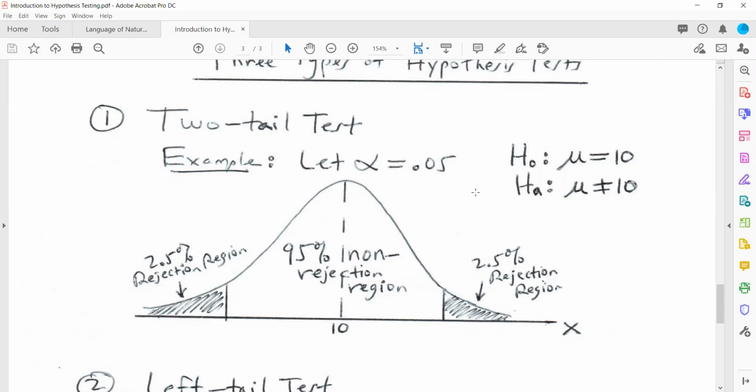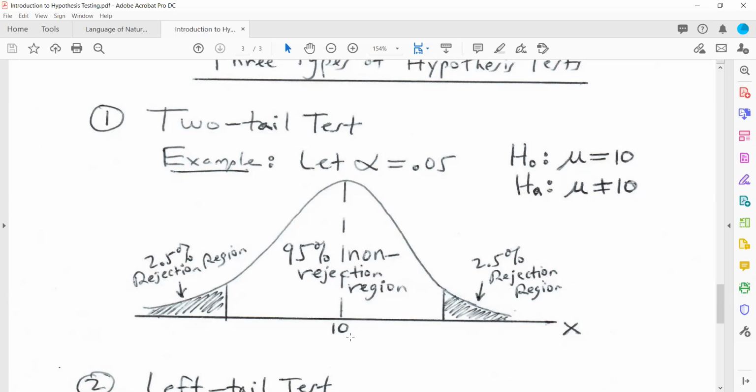In this method, we take our alpha, which is the largest value of the type 1 error that we'll accept as a researcher, selected up front. With a two-tailed test, we split it in half: half goes to the right, half goes to the left. We color in these two tails of our bell-shaped curve, and put the hypothesized mean from the null hypothesis in the middle.